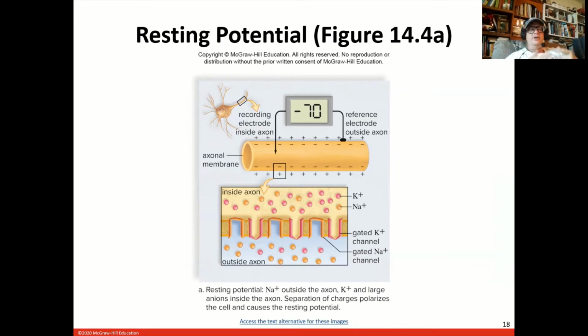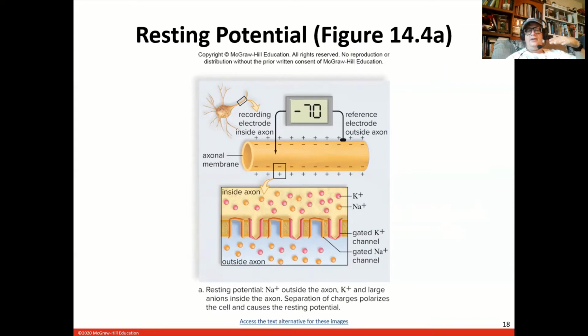The point is, you remember channel proteins are membrane proteins that go through the membrane, and they're like a tube, and stuff can pass through them. We have ones for sodium, we have ones for potassium, but what we also have are trap doors that can control what can go through that channel. And these doors have little charges on them.